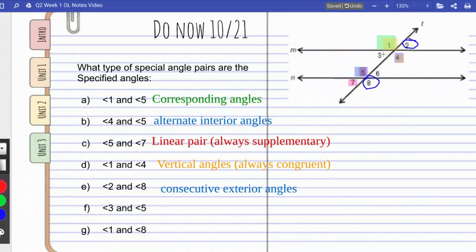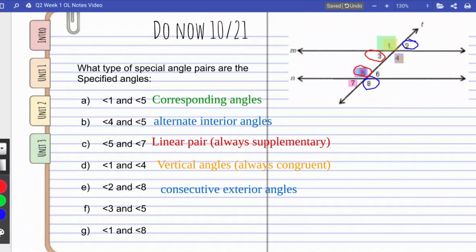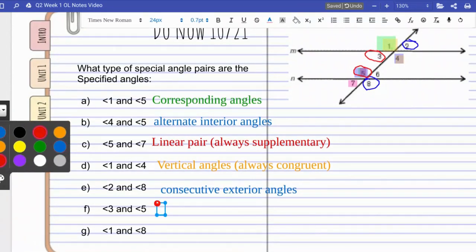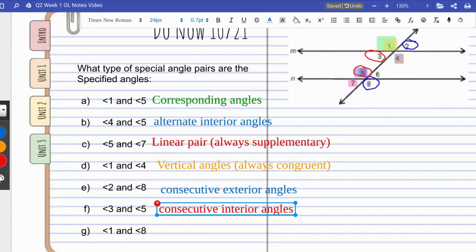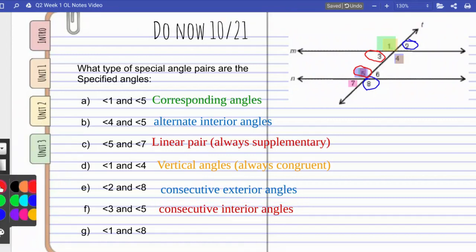Let's look at 3 and 5. Here's 3. Here's 5. Well, those are on the same side of the transversal, but they're interior. So those are going to be called consecutive interior angles. And then last but not least, we have 1 and 8.